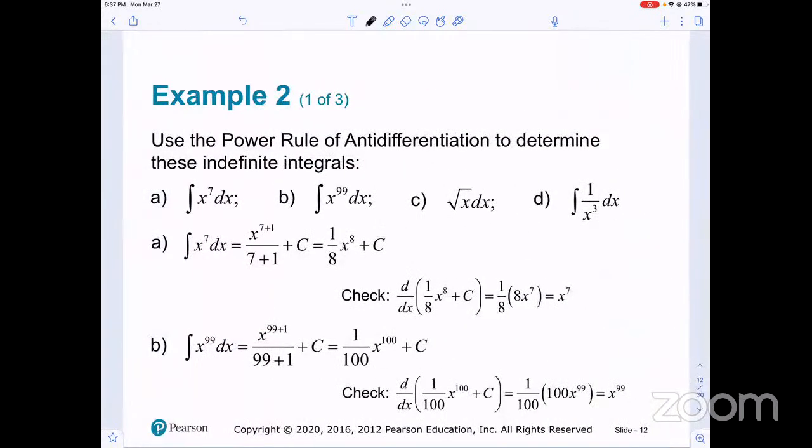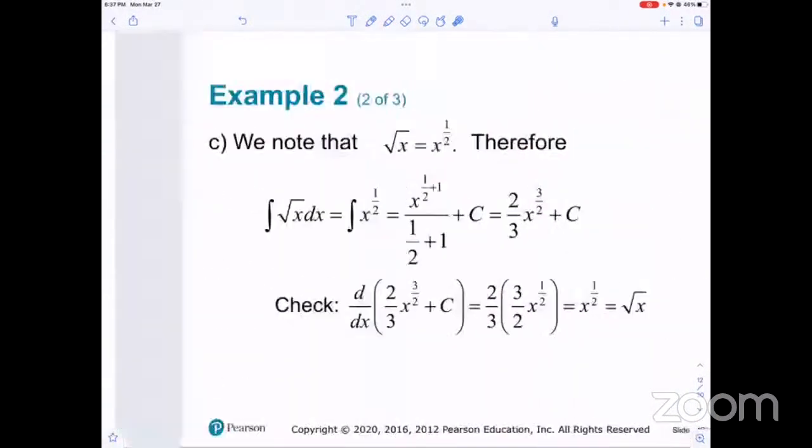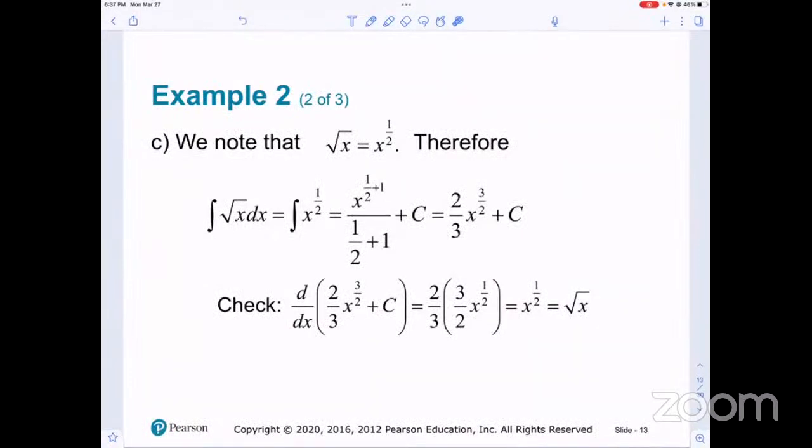So for A, I think we got this: x to the 8 over 8 plus a constant. For B, x to the 100 over 100 plus a constant. For C, I think we left it as divided by 3/2.